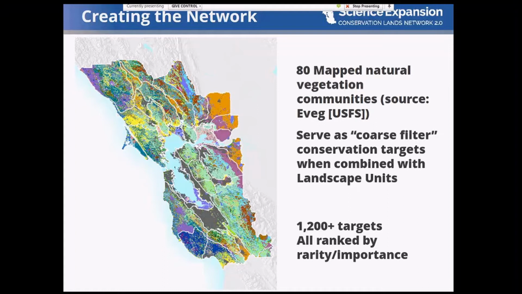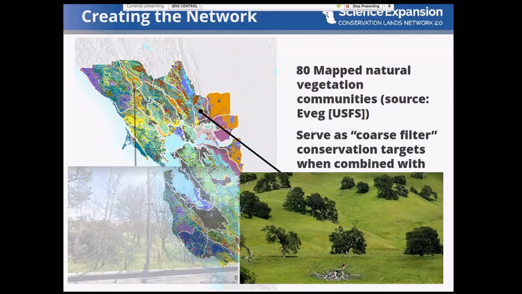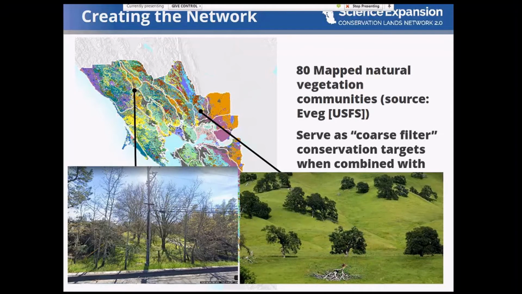We get these coarse filter conservation targets, such that blue oak, for instance, in the Blue Ridge Berryessa landscape unit, are not competing with the blue oak woodlands in the Russian River Valley landscape unit. And the reason why we want to do that is as our network design software is going to be looking to create this very optimized, very efficient network.